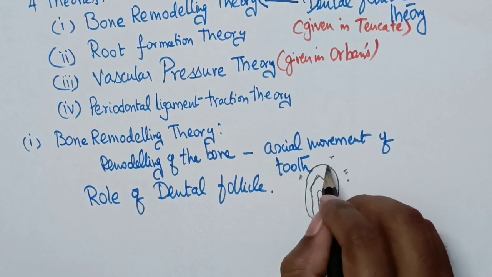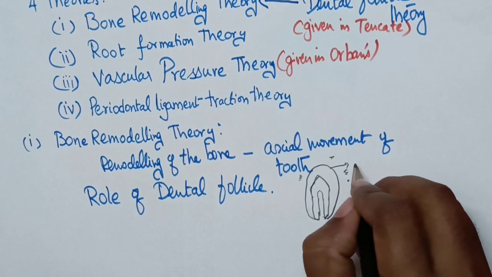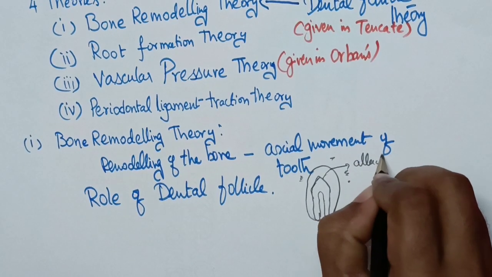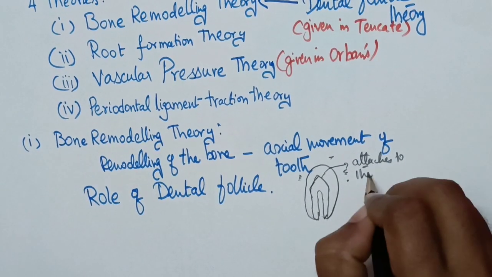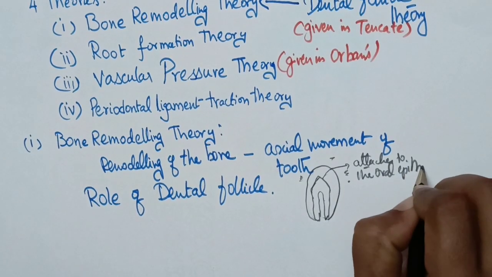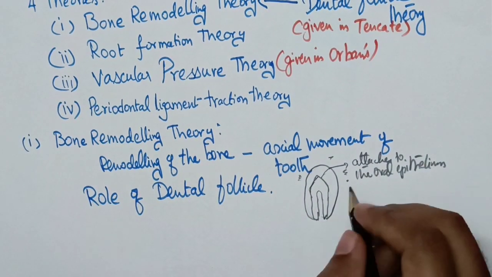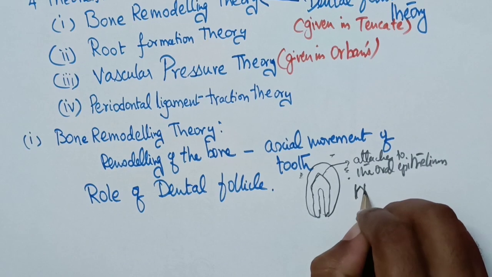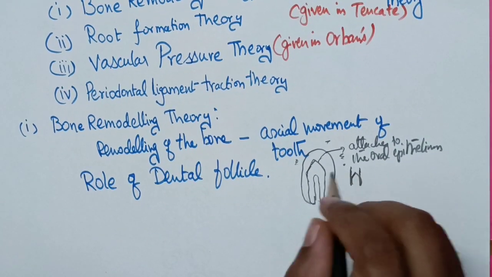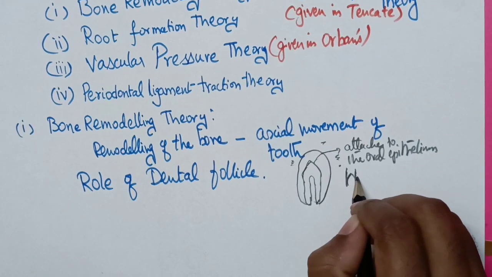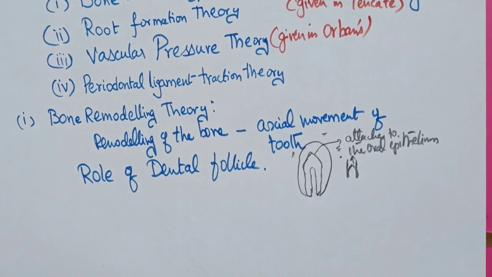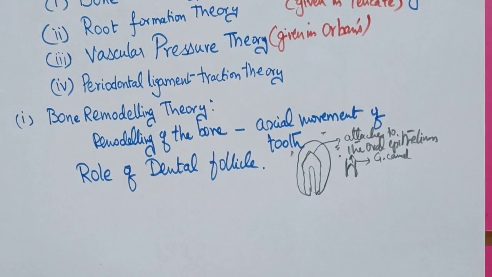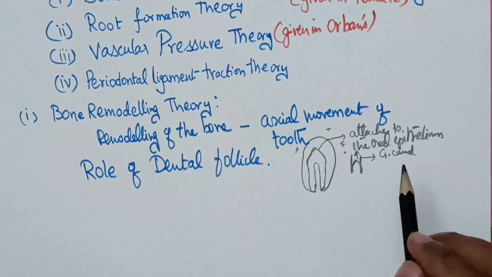It also helps in the attachment of this follicle, along with the reduced enamel epithelium, to the oral epithelium, that forms a canal where the newly erupting tooth smoothly erupts into the oral cavity without any disturbance. This is the area of the gubernacular canal, the area we saw in the histology part of tooth eruption, right? This is the gubernacular canal.